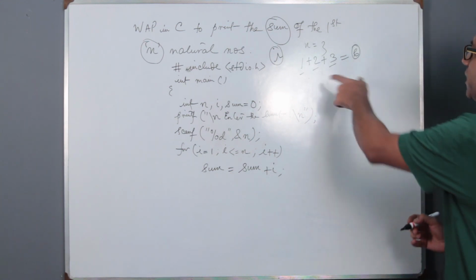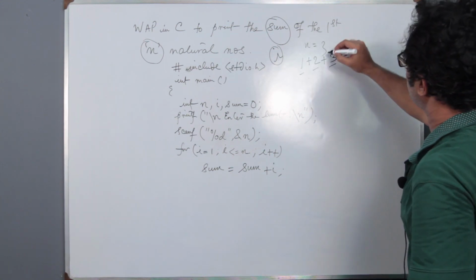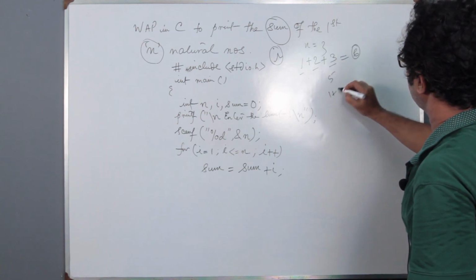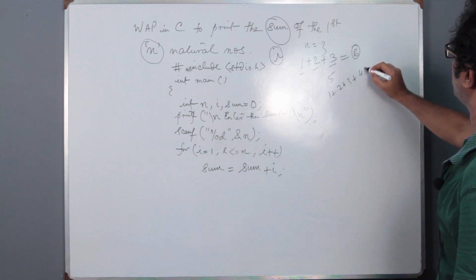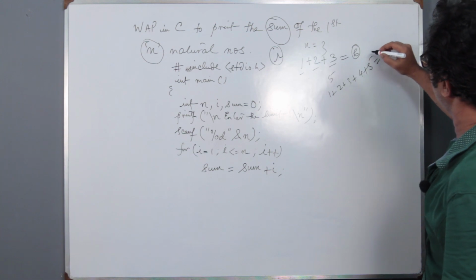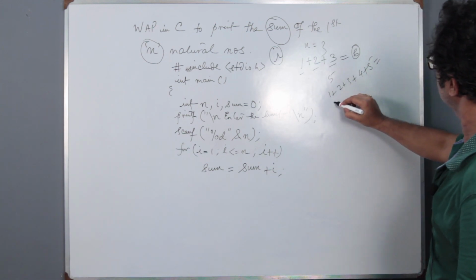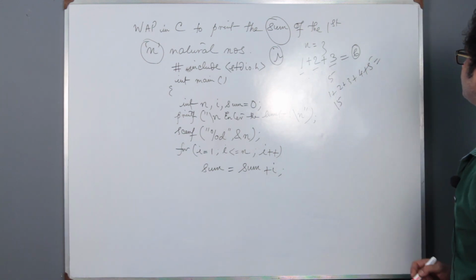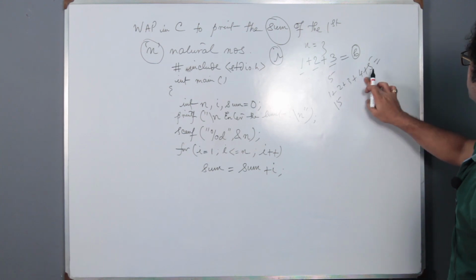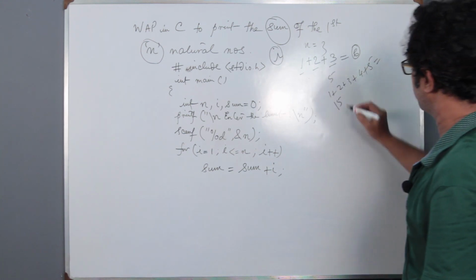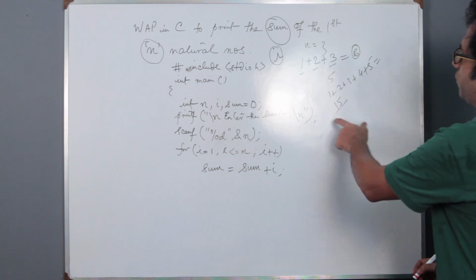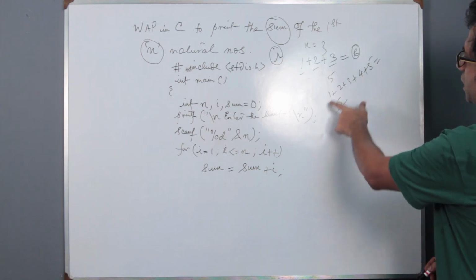So we should get this value as 6. If it is supplied as 5, then 1 plus 2 plus 3 plus 4 plus 5 will yield how much? That is 15. Isn't it 15? 6 plus 4, 10 plus 5, 15, correct. So we will have this to be our answer.